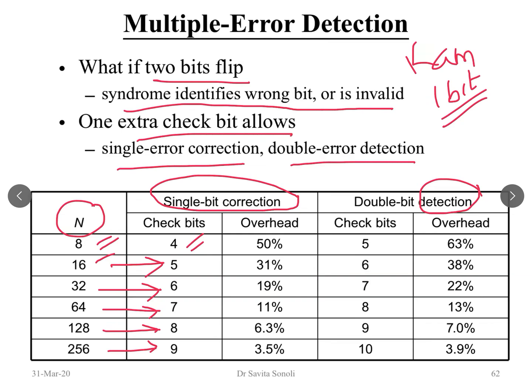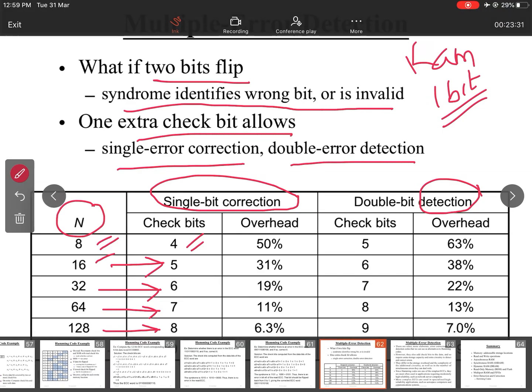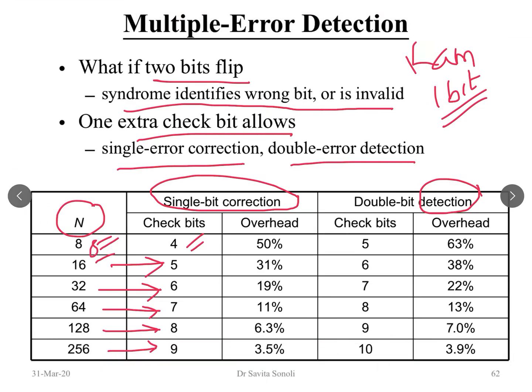That is for single bit detection and correction, whereas for double bit detection, not correction, for 8 bit data we need 5 check bits, 16 needs 6, 32 needs 7. So like this it goes on. This table indicates how many extra check bits we need for n bit data for single bit correction and double bit detection.